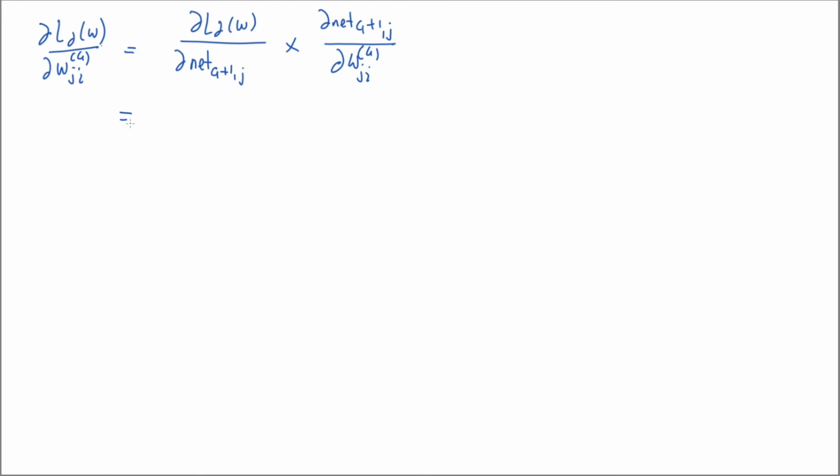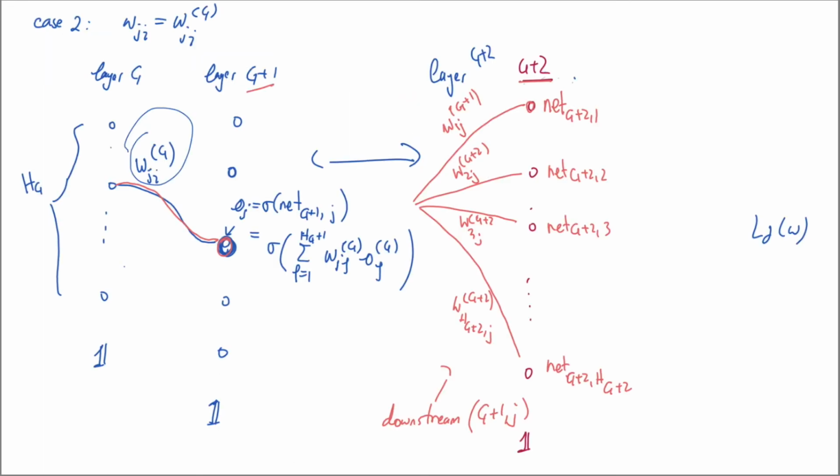Okay, and the reason I wanted to do that is now we can use the thing we talked about, the downstream thing. Well, if you look at how does the loss function get affected by net g plus 1j? Well, net g plus 1j is here. Okay, it's going to basically impact all these future nets, right? Everything in the downstream.